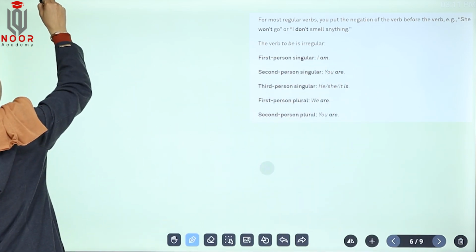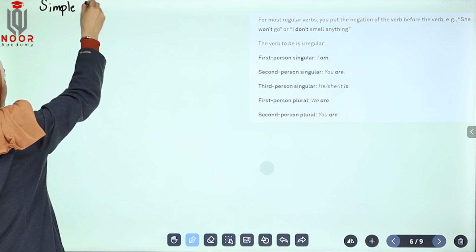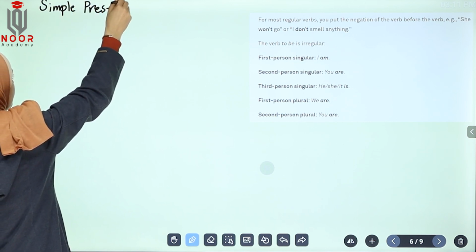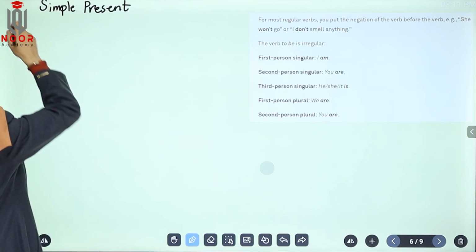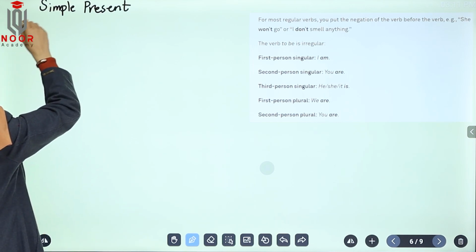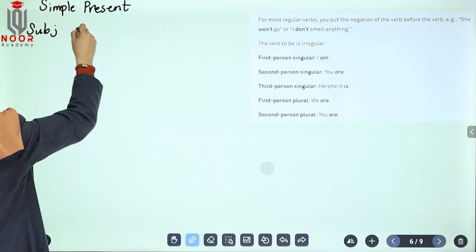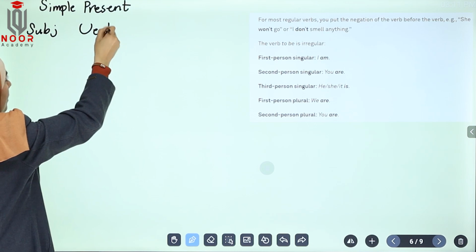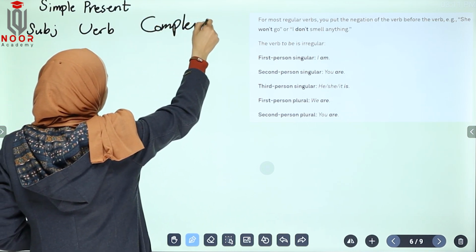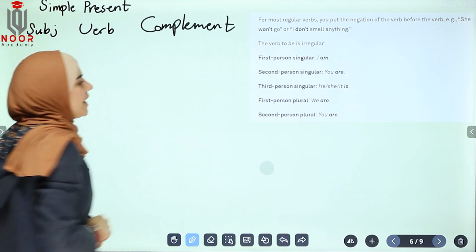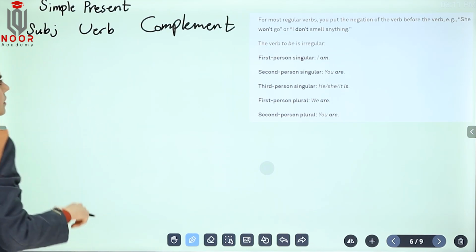Simple present: we have, for example, subject, verb, complement. Can I have a short example? Yes, of course. Look at this.